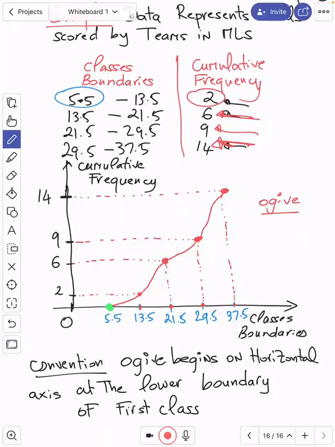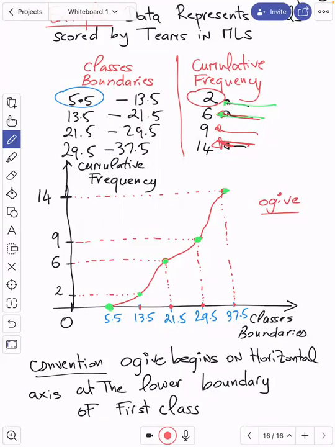Now, the next point will be the cumulative frequency of your first class, right here. The height of this point is 2, because that's the cumulative frequency of the first class. Then this one here is the cumulative frequency of the second class, this is the third class, and this is the cumulative frequency of the fourth class.